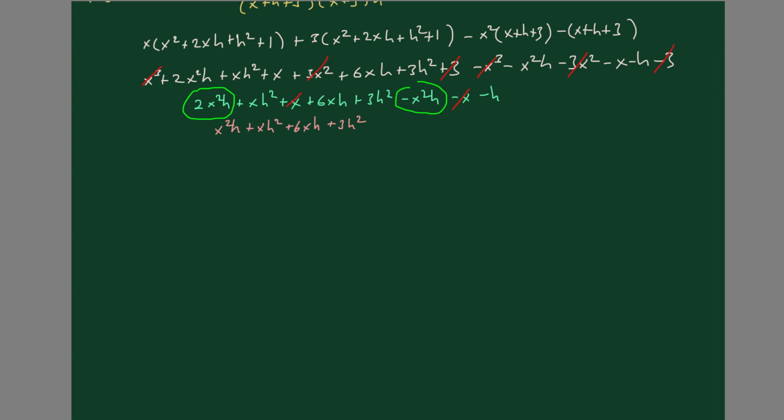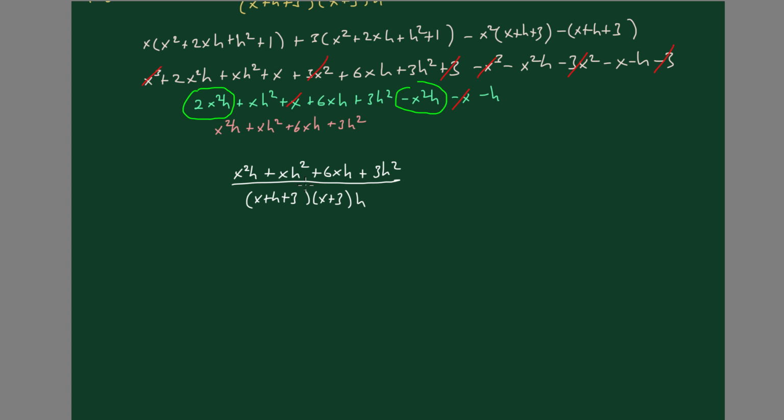Okay, so what we have is x squared times h plus x times h squared plus 6x times h plus 3h squared, and all of that is going to be divided by (x plus h plus 3) multiplied by (x plus 3) times h.